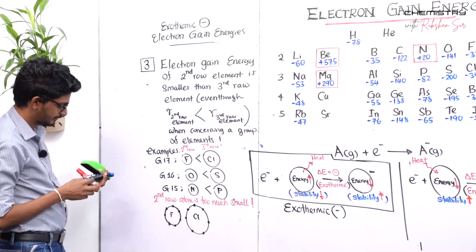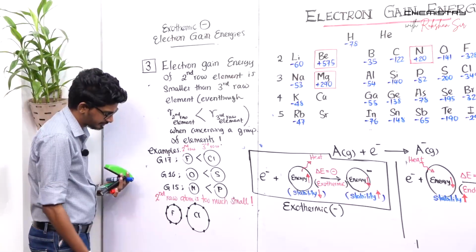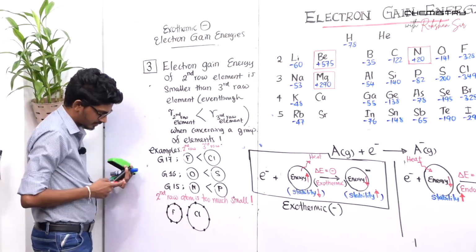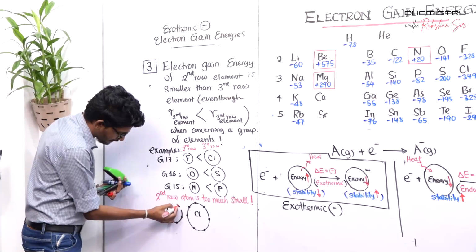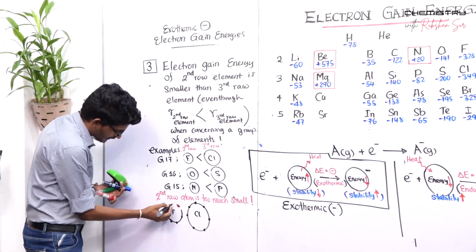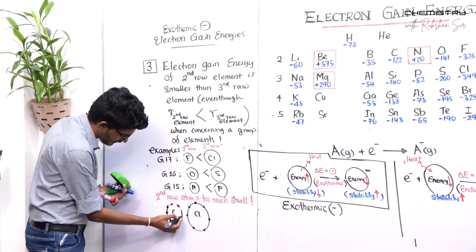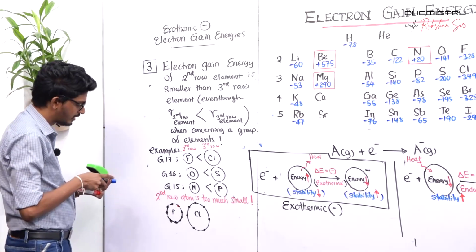So what will happen when you add an electron? This distance becomes so small that electrons are very near to each other, so repulsions will occur.